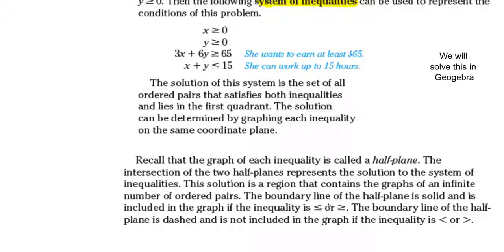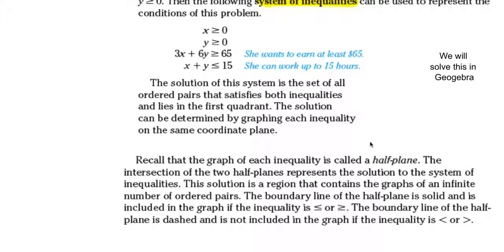Because it's less than or equal to or greater than or equal to. The boundary line of the half plane is dashed and is not included in the graph if the inequality is less than or greater than. So remember that, it's a little bit of review. The line is solid if it's less than or equal to or greater than or equal to, and it's a broken or dashed line if it's less than or greater than.